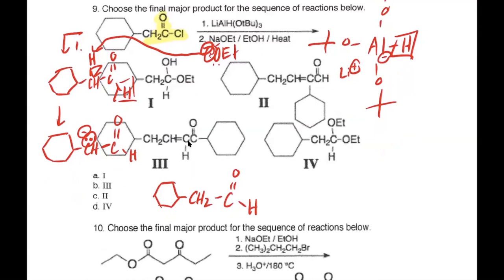I'll draw another one like that, and there's going to be a site of attack on that. So where do you think would be the site of attack? It's going to be that partially positive carbonyl carbon, just like in the previous question. So this can go and attack right there and push those electrons onto the oxygen.